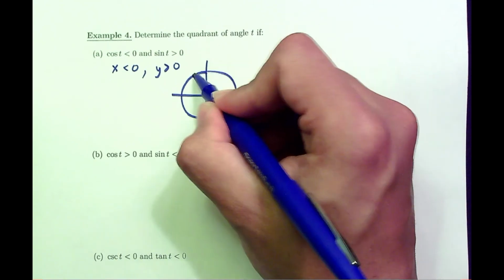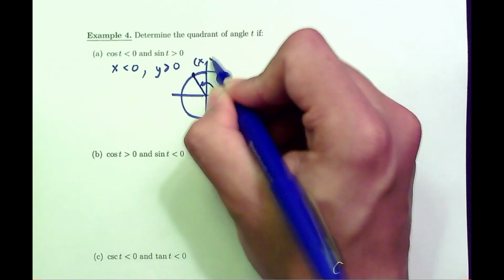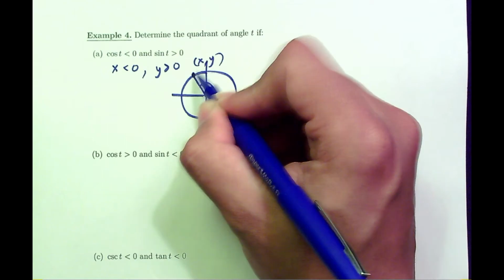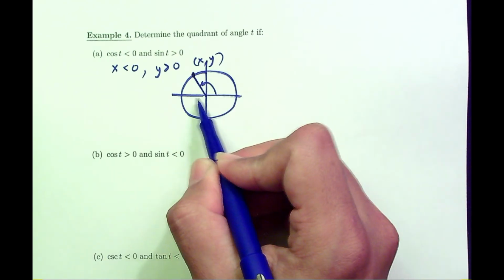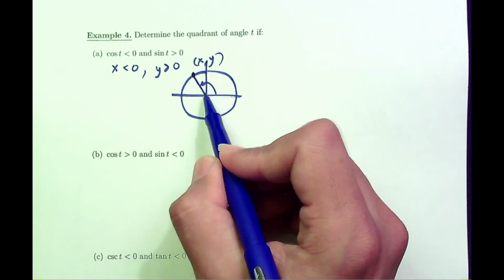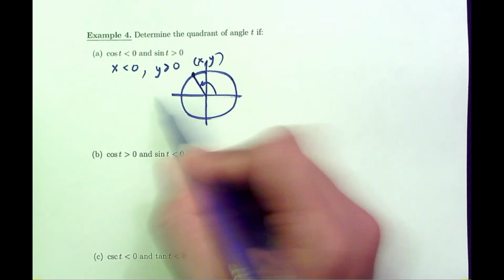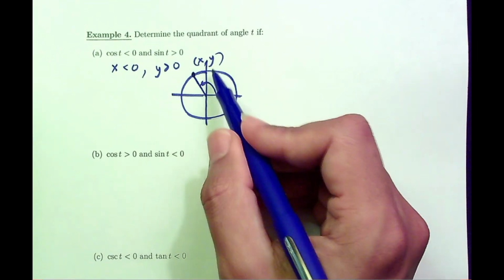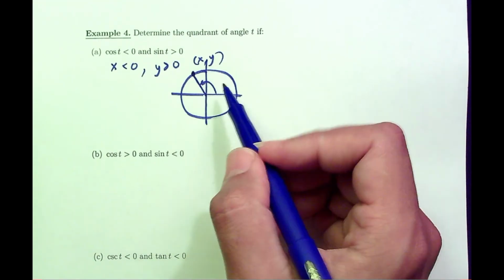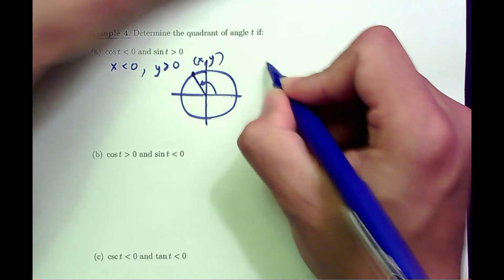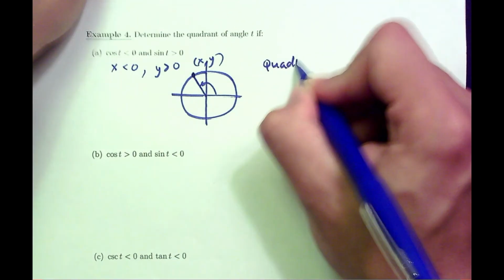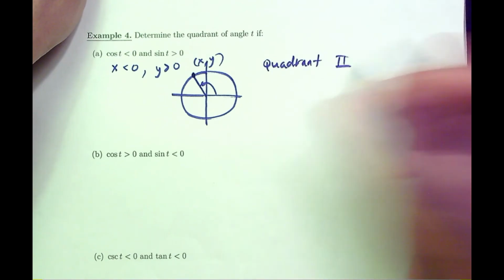Because if the point is here, then the x-coordinate would be negative, because you're on the left-hand side, and then you're above the x-axis, so the y-coordinate will be positive. So indeed, you're here in the second quadrant. So the answer is quadrant 2.